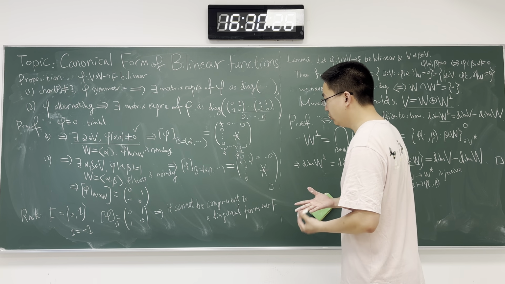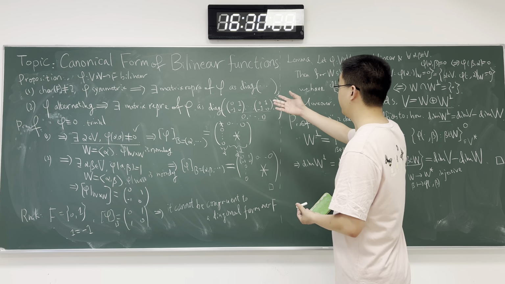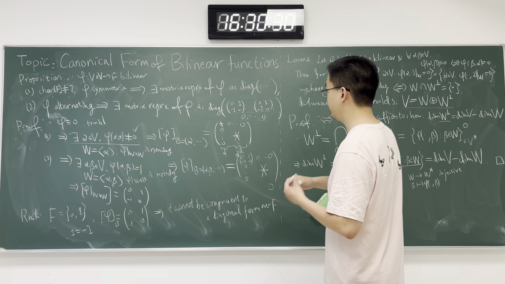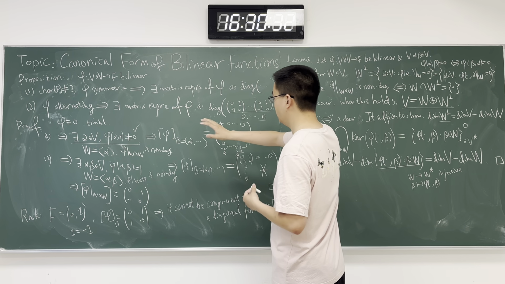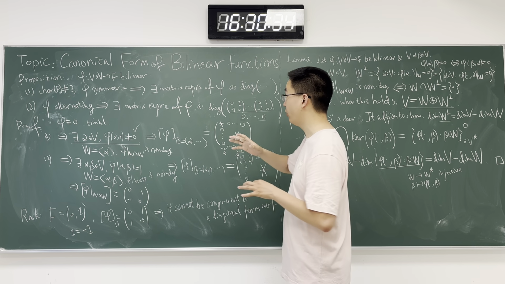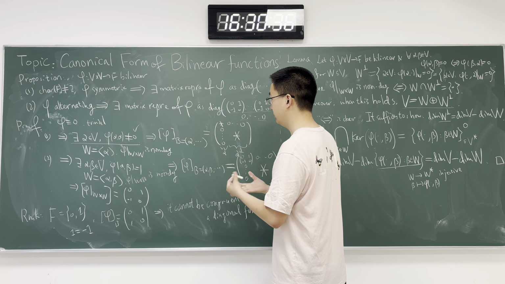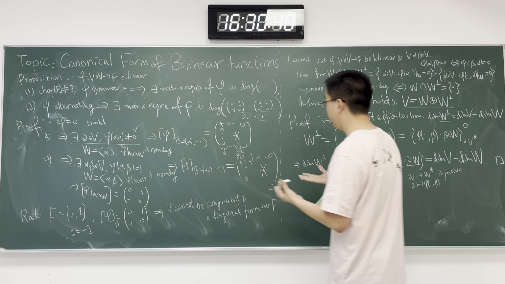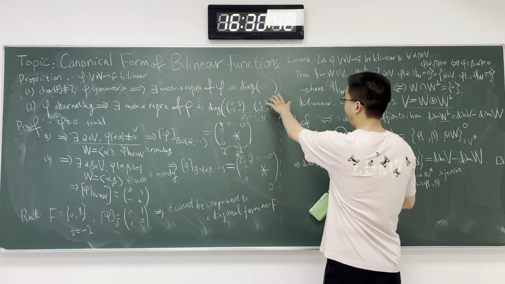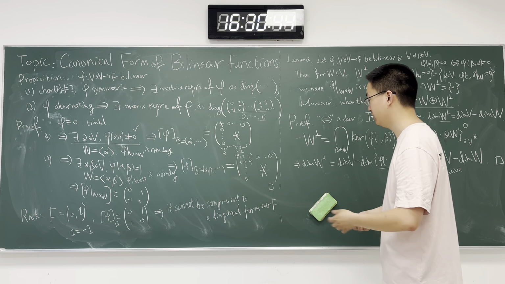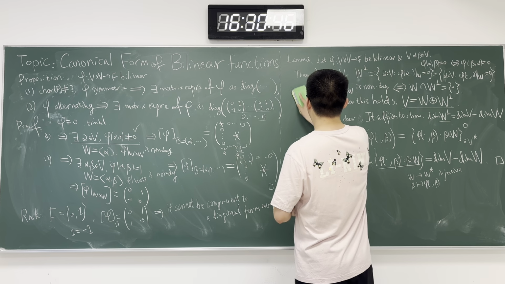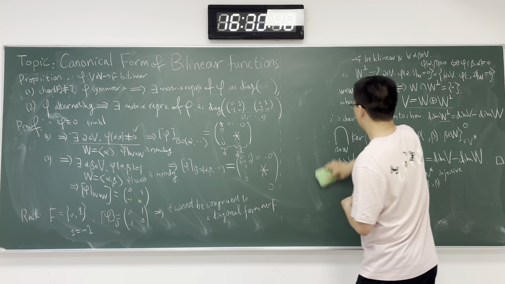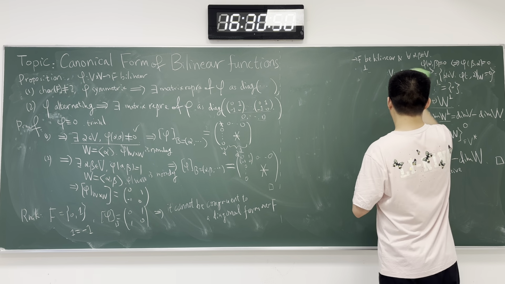Based on this observation and the previous discussions, remark that you can view the second statement as a canonical form of an alternating bilinear form, but the first one cannot be called a canonical form since the diagonal elements are not determined yet.